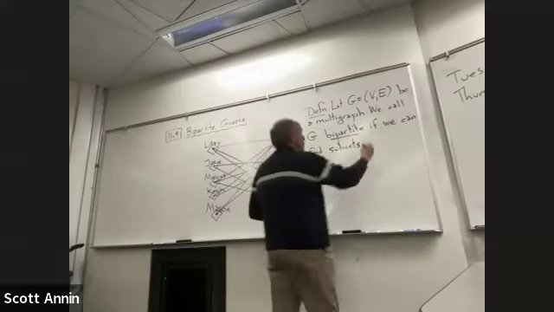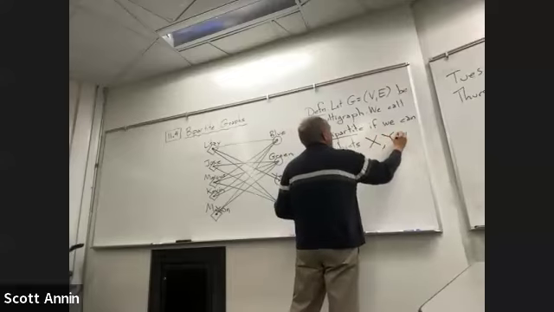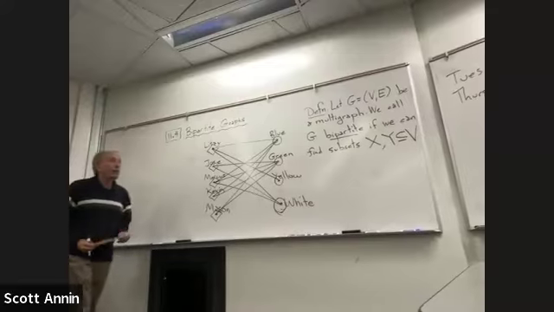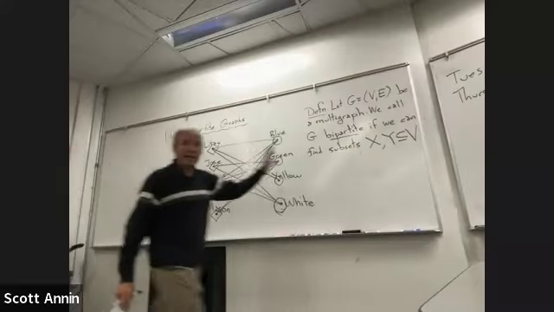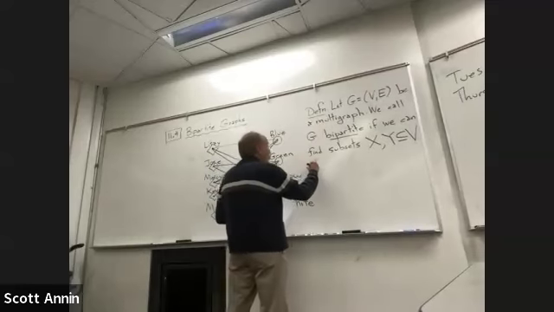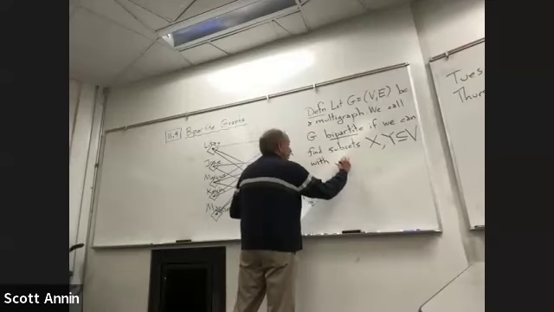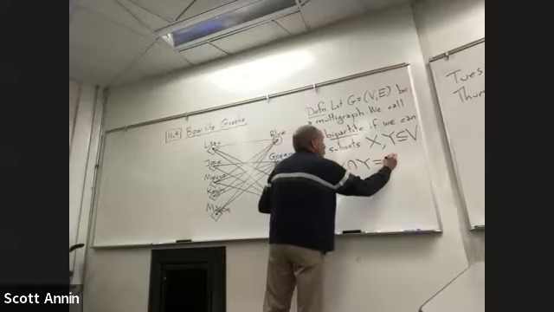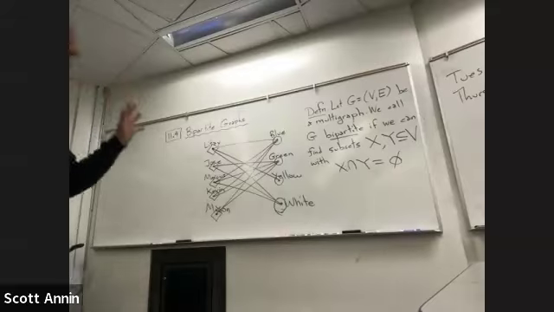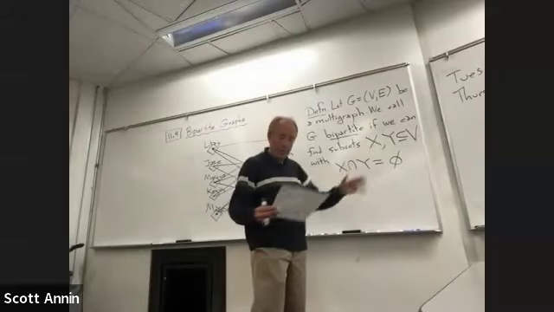And I'm going to call these subsets capital X and capital Y. These are just subsets of the vertex set V. So if I can split up my vertex set into subsets X and Y, the intersection of those two subsets should be empty. So there should be no vertex that's common to both of them.